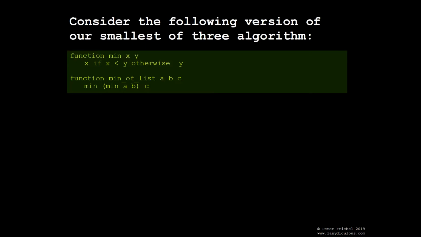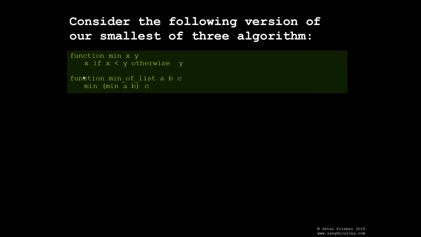To illustrate that, consider the following version of our smallest of three algorithm. In this case, there are two functions. One function takes the minimum of two parameters, x and y. It returns x if x is less than y, otherwise y.